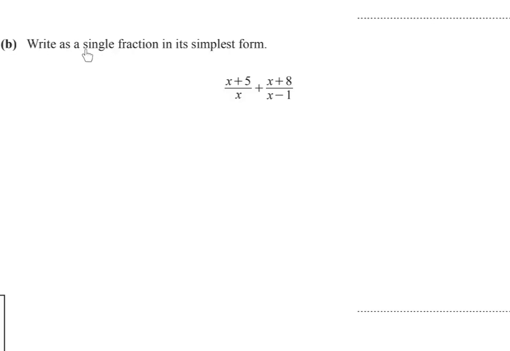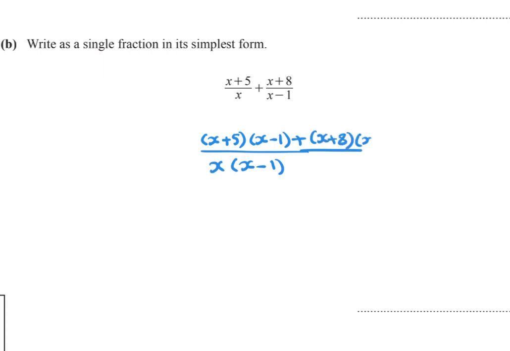Now write as a single fraction in its simplest form. So multiply the denominators, x times x minus 1, then cross multiply to find the numerator, so x plus 5 times x minus 1 plus x plus 8 times x.